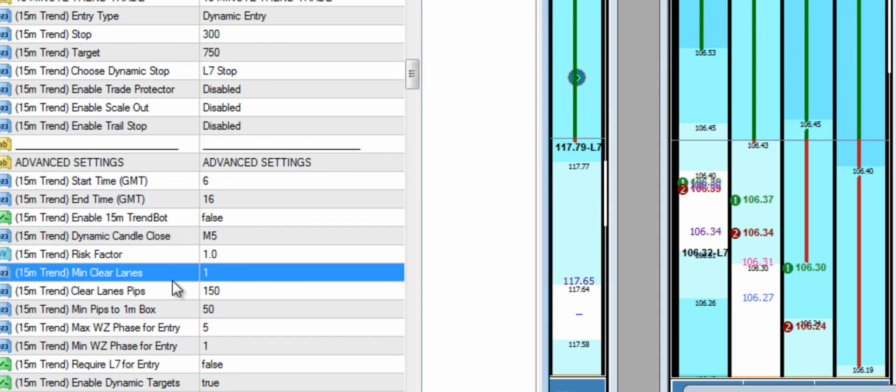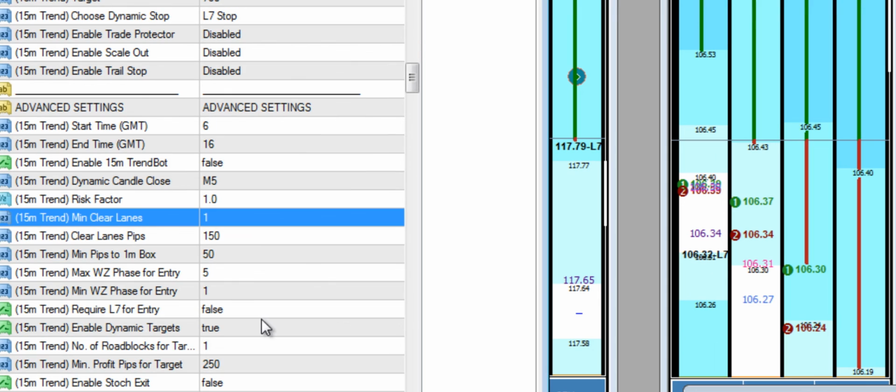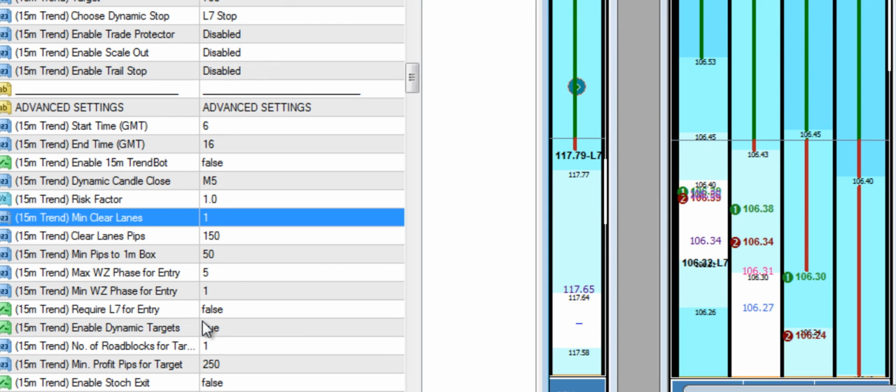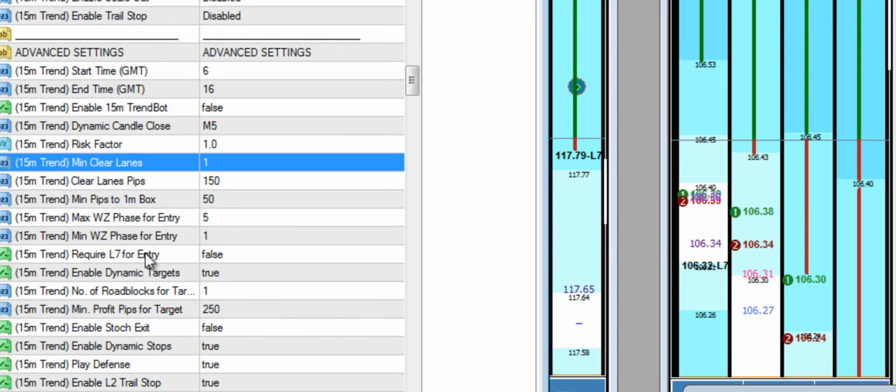It's impossible. So that's got to pretty much be at 1. And then you have a minimum and maximum white zone phase for entries, which you should have had probably on the 5-minute. You don't want to enter 5-minute trends or 15-minute trends when you have a white zone of 0. So you want to make sure your white zone phase is at least 1 on 15 and 5-minute trends.